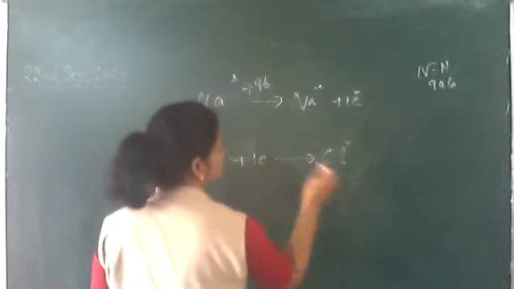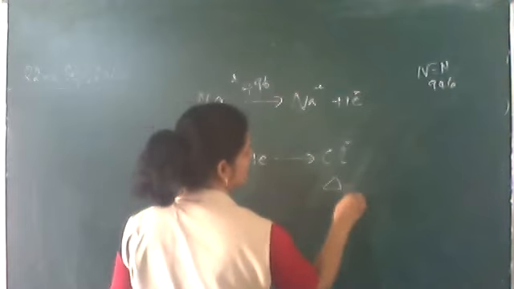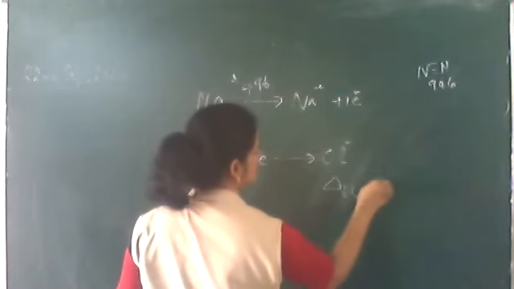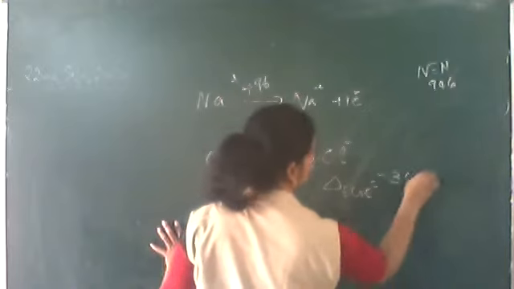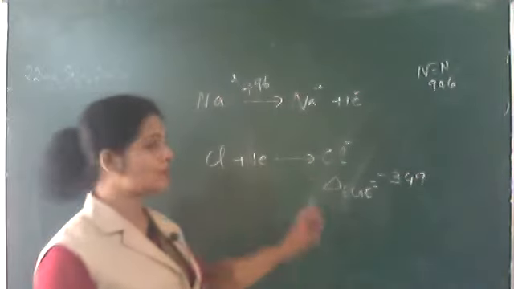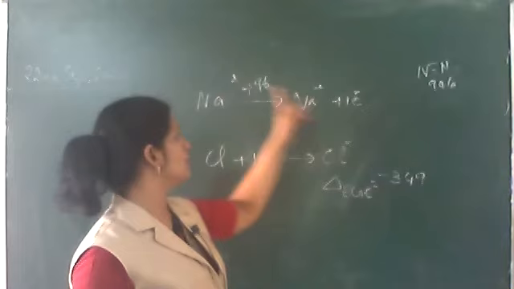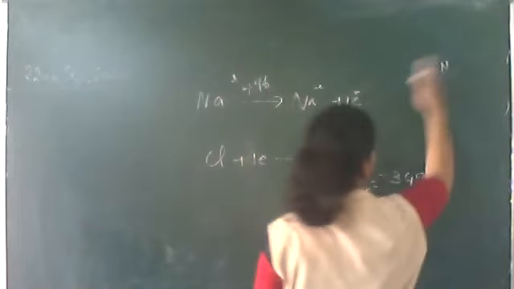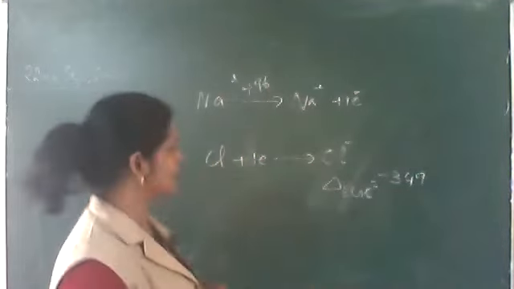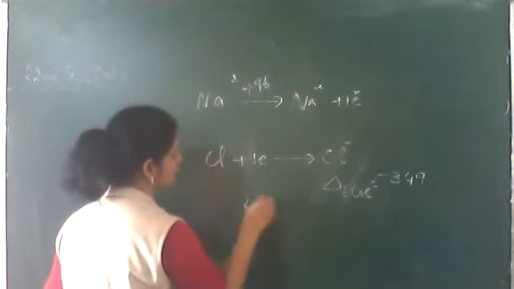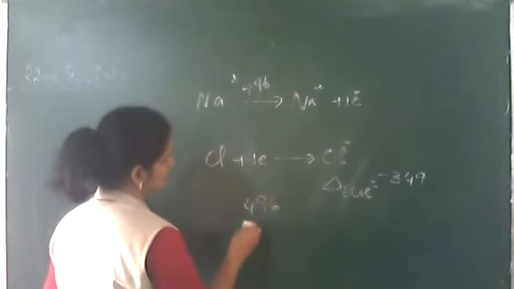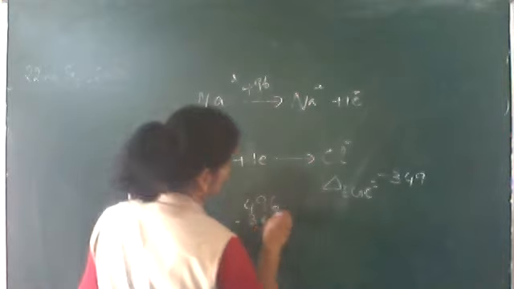Here delta H, that is the electron gain enthalpy, is equal to minus 349 kilojoules per mole. This is the amount of energy released. So ultimately when we compare the plus and minus, 496 then minus 349.